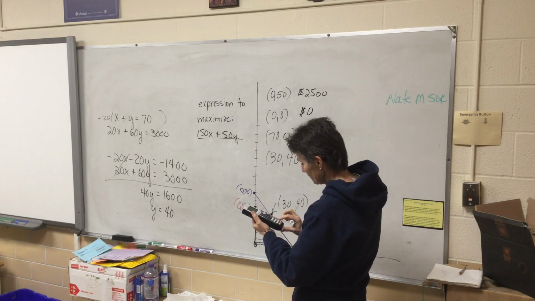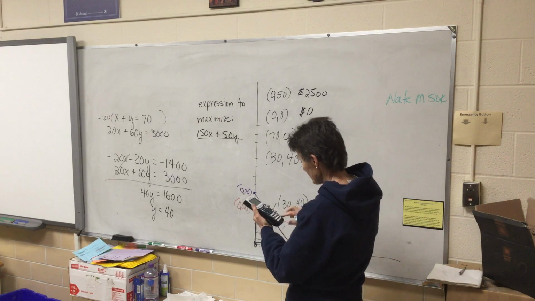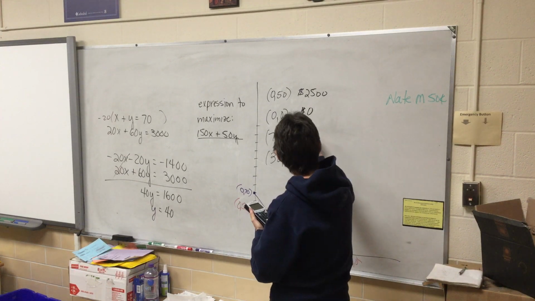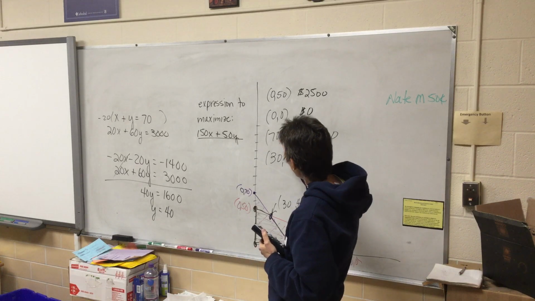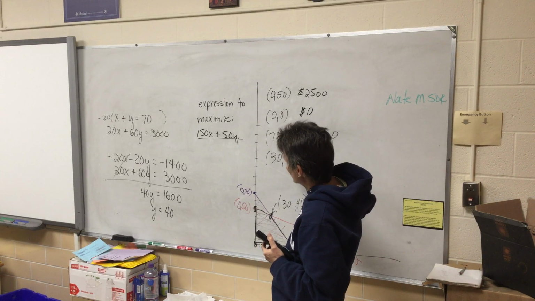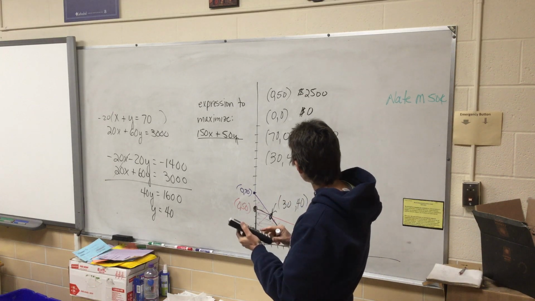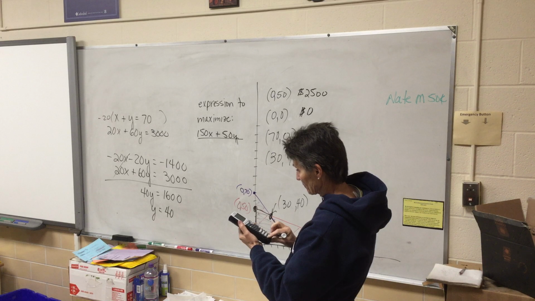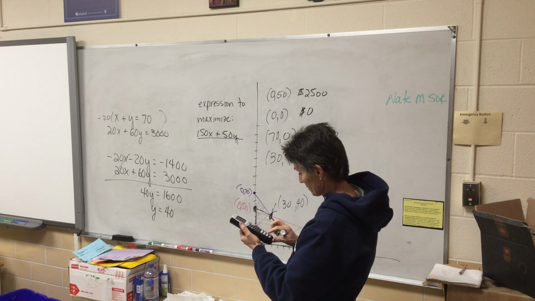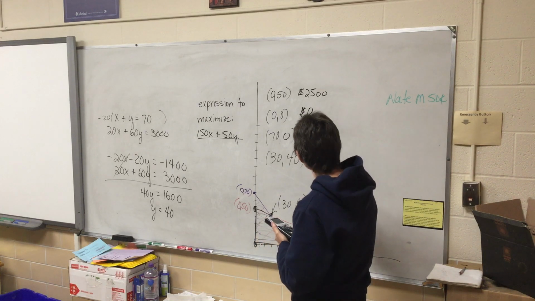This one, 150 times 70. Okay, that's it. That would be $10,500. So if he plants all 70 acres of potatoes, he's going to make $10,500. And then the next one is $6,500.